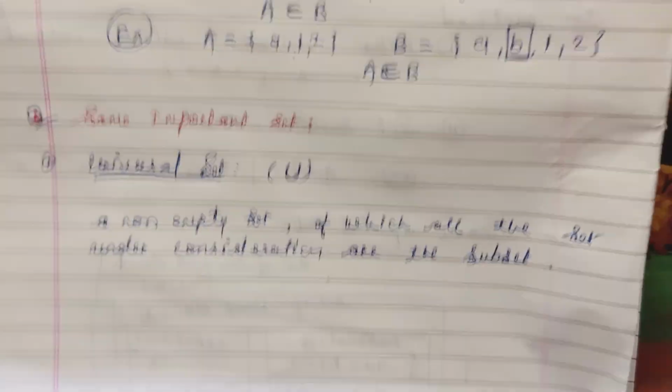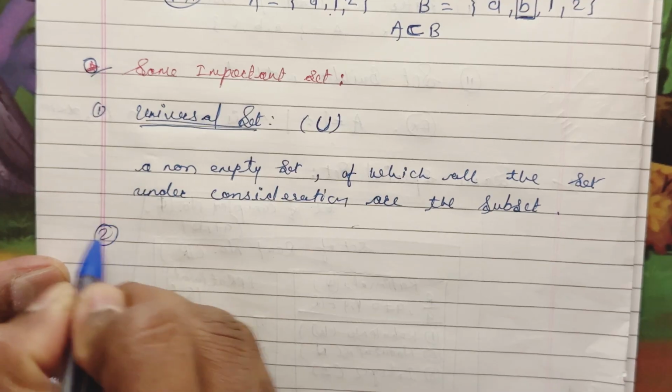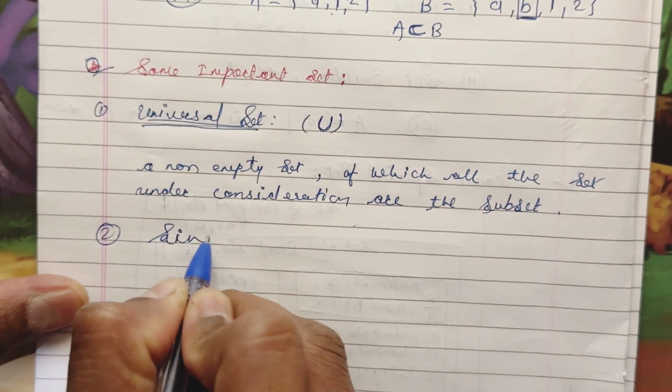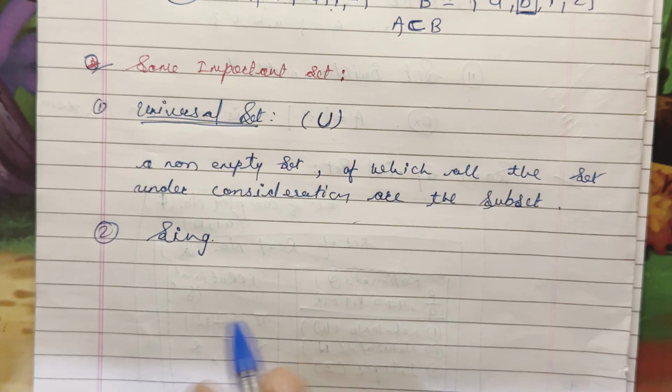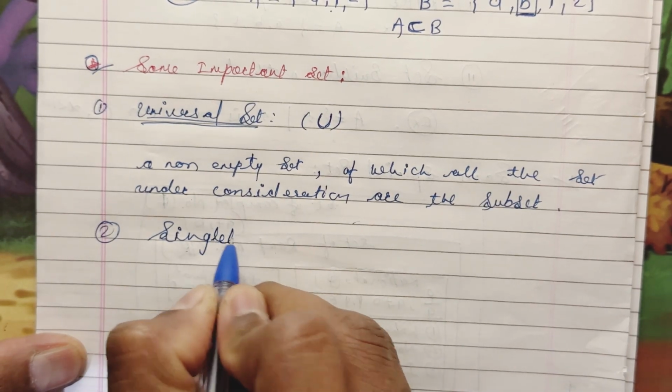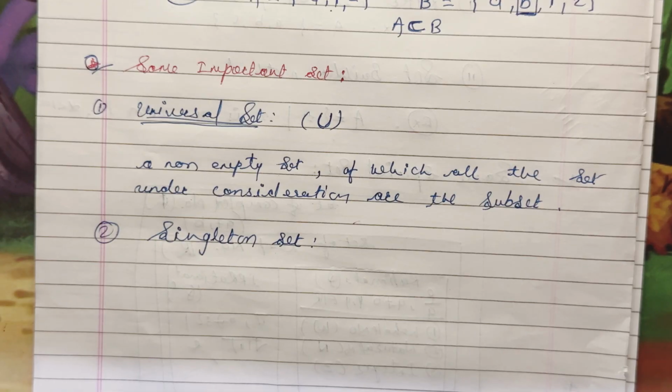Now next we go to the singleton set. A singleton set is a set which has only one single element.